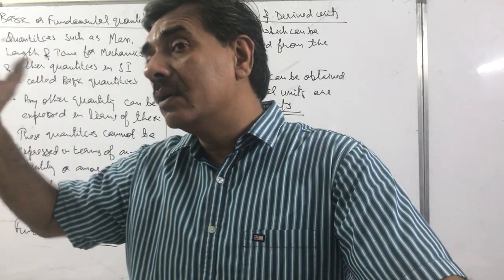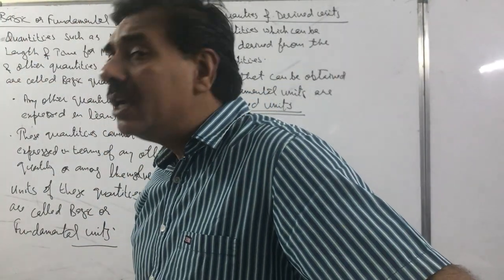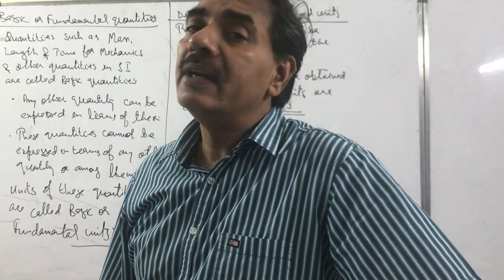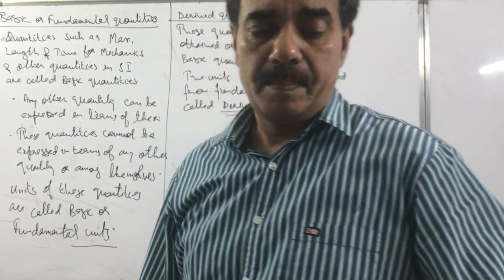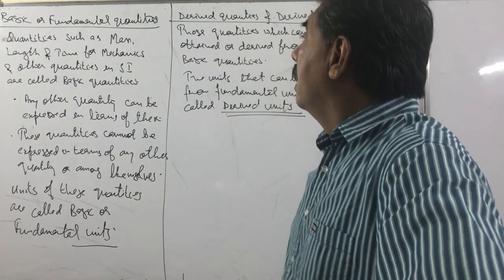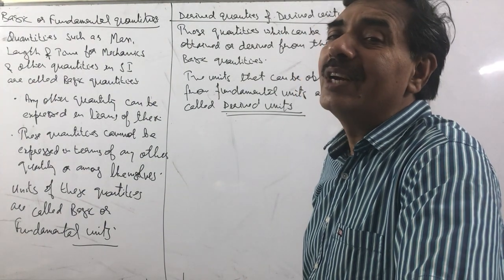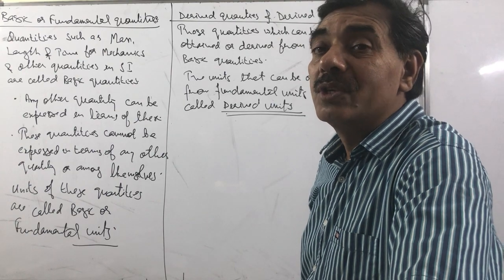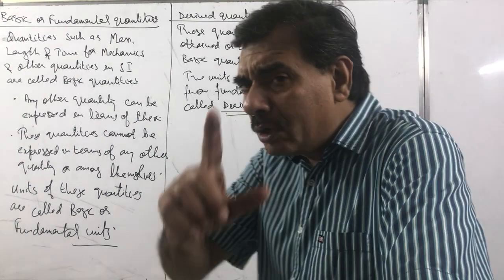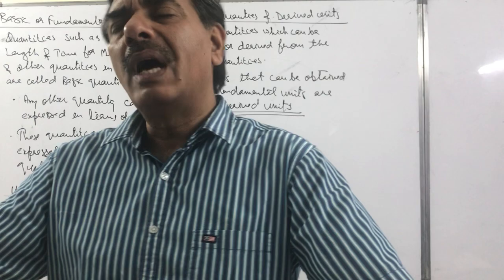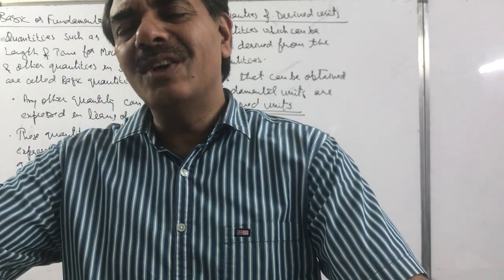For other things, we will use any quantity contained in the international system of units. So speed becomes a derived quantity and its unit, meter per second, becomes a derived unit. Like the unit of force, you would say it is Newton. I would say no. It is right, it is not wrong.